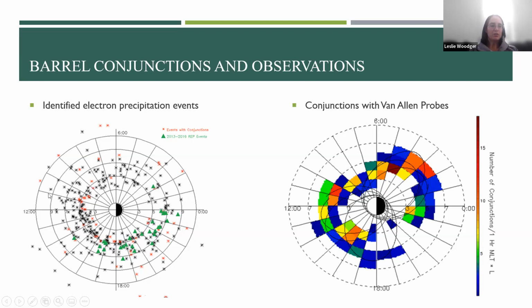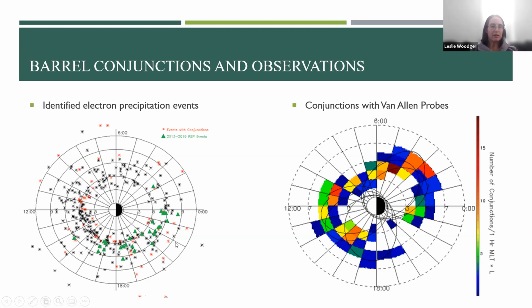On the left is a summary plot of the electron precipitation observed by the Barrel balloons from campaigns 1 through 5. The stars are time periods of electron precipitation, and their mapped location in L and MLT. The red stars are those in conjunction with Van Allen Probes, and the green triangles are particularly high energy precipitation events, which we would categorize as relativistic.